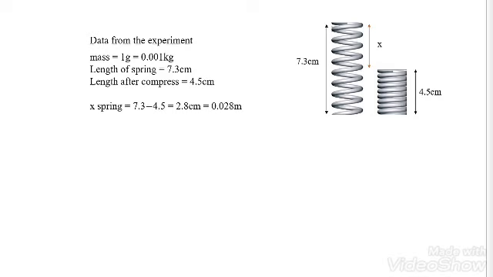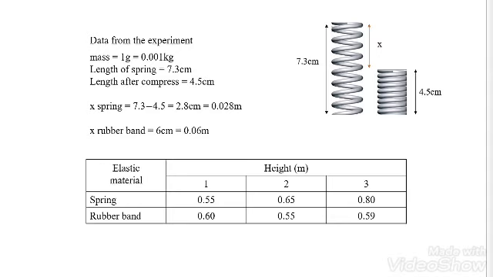To get x, we subtract the length after compression from the length of the spring, and we get 2.8 centimeters, equal to 0.028 meter. For the rubber band, we stretch it 6 centimeters, equal to 0.06 meter.